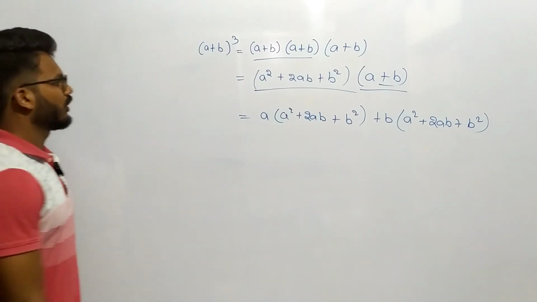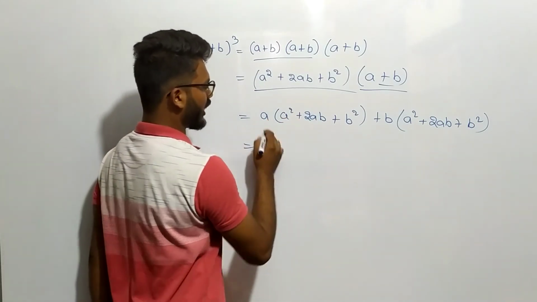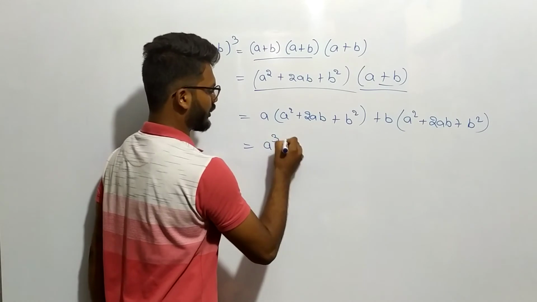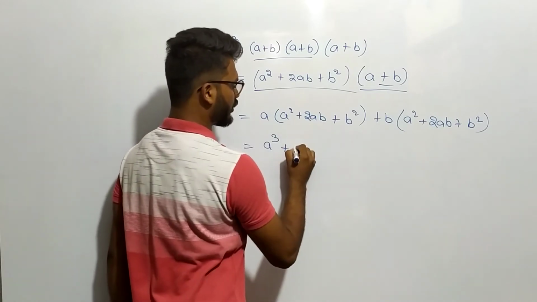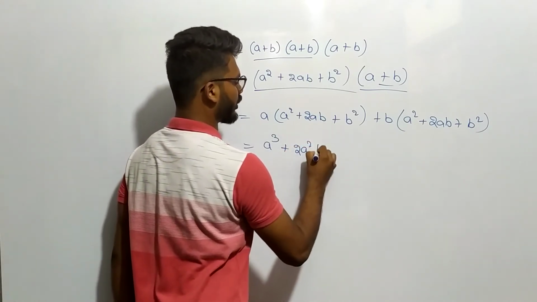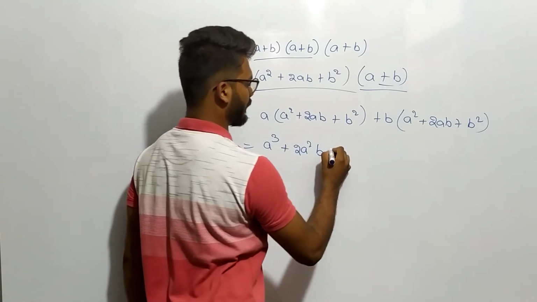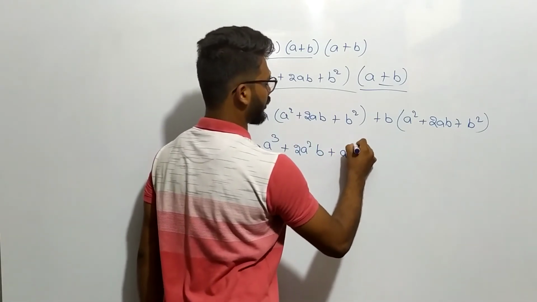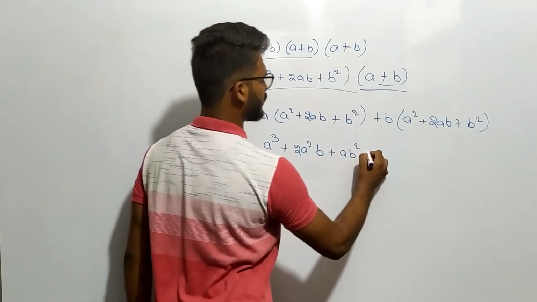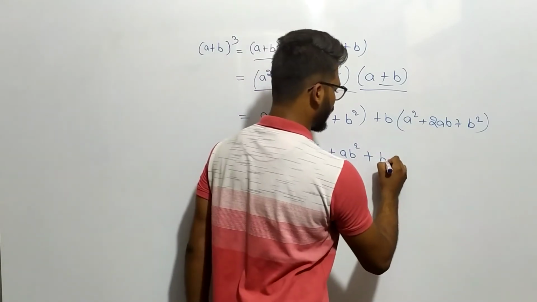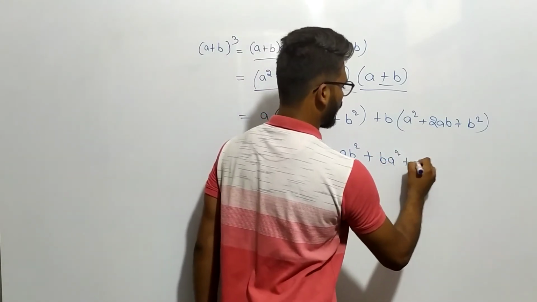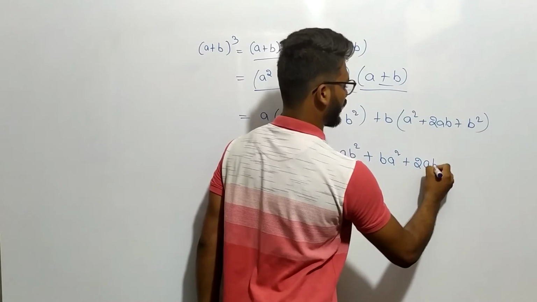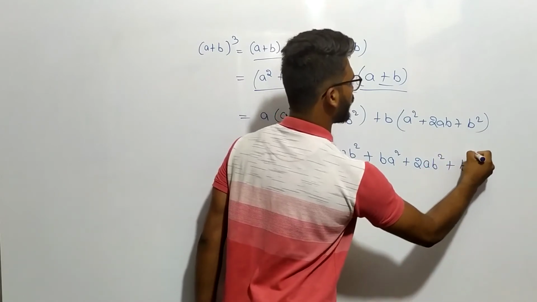So what will we get? a into a square, a cube, plus a into 2ab, 2a square b, plus ab square, plus b into a square, ba square, plus 2ab square plus b cube.